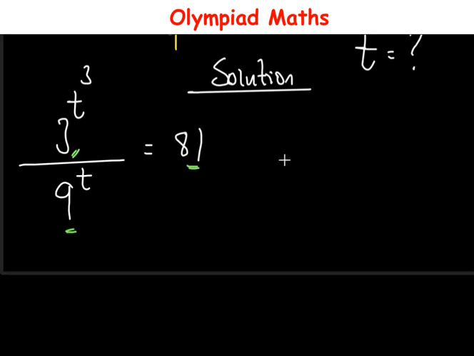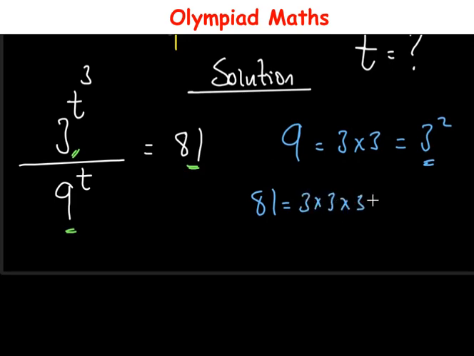It's very simple. You see, 9 is equal to 3 times 3, which can be expressed as 3 squared. Same thing also, 81 can be expressed as 3 times 3 times 3 times 3, and this is equal to 3 raised to power 4.